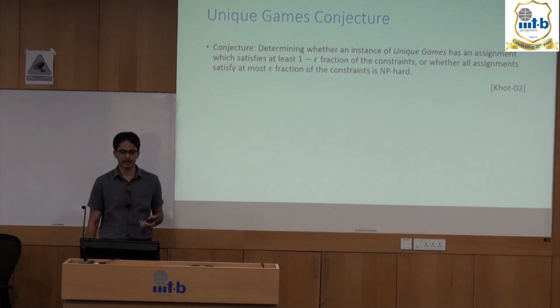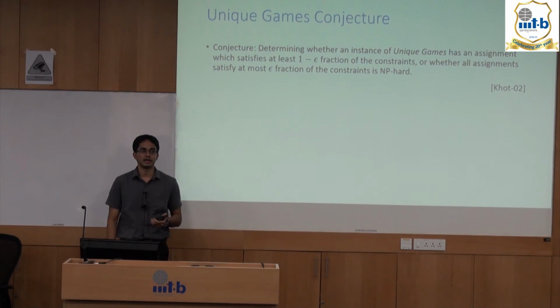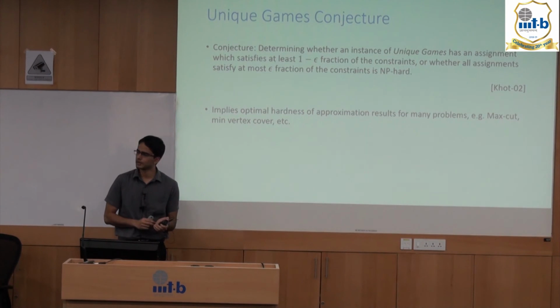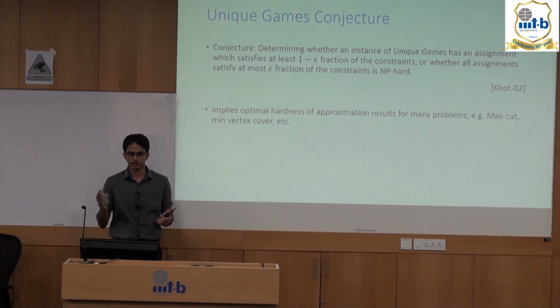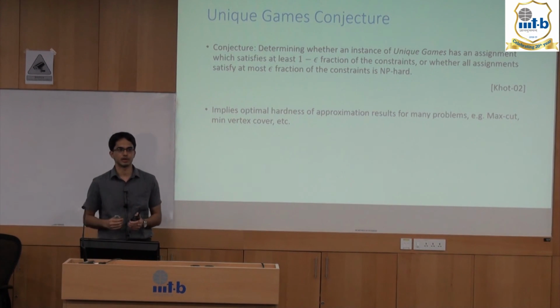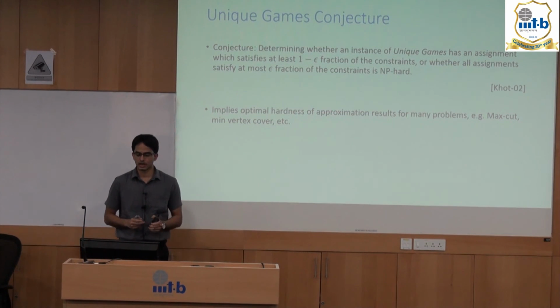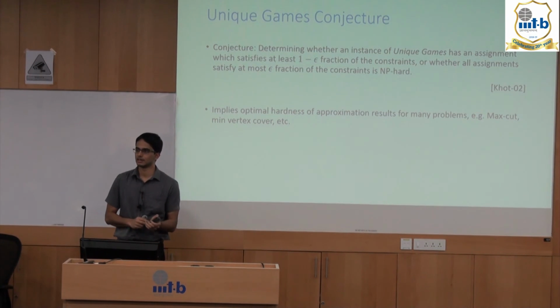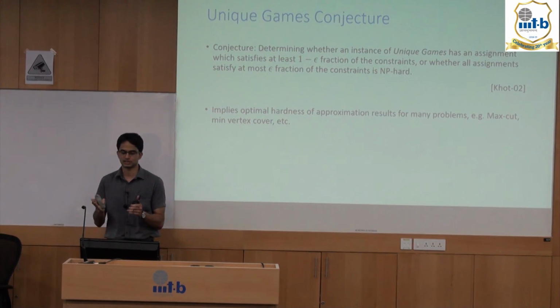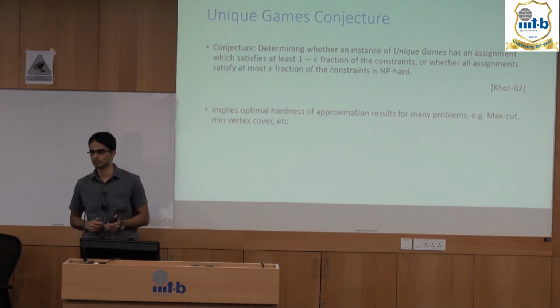So this conjecture, even though it's still open, has had numerous implications in the hardness of approximation area for many problems such as max cut or the minimum vertex cover problem. This gives the optimal hardness in the sense that the hardness that you get matches the best known approximation algorithm for these problems.